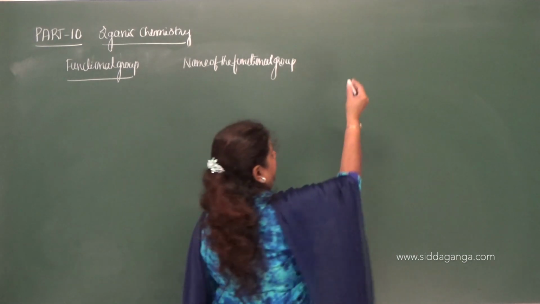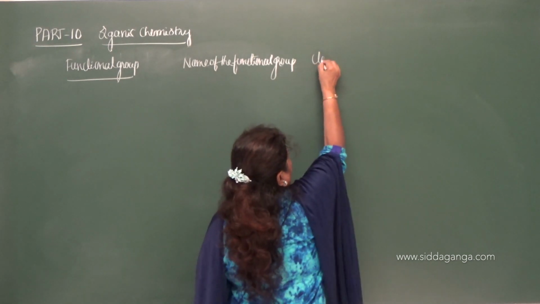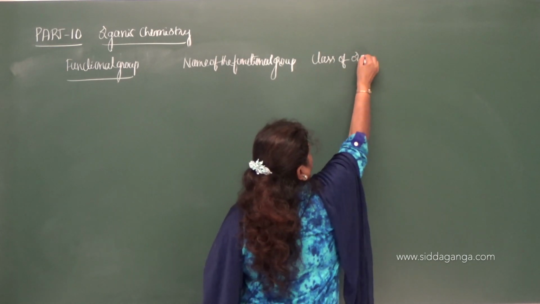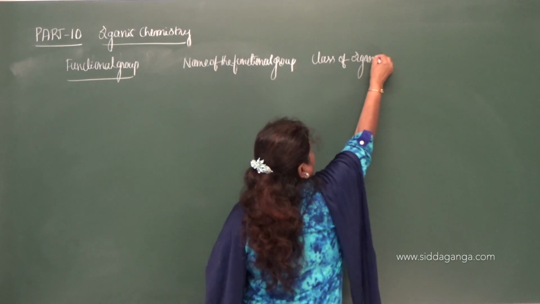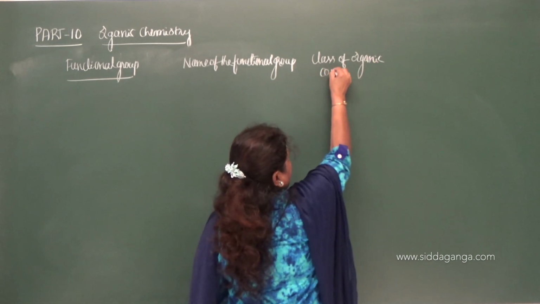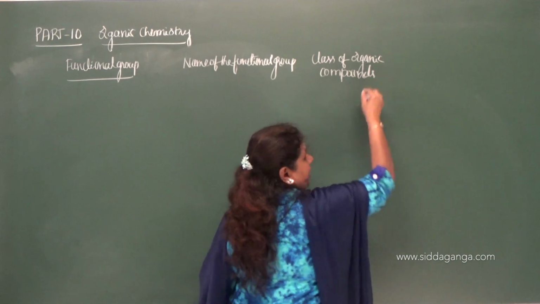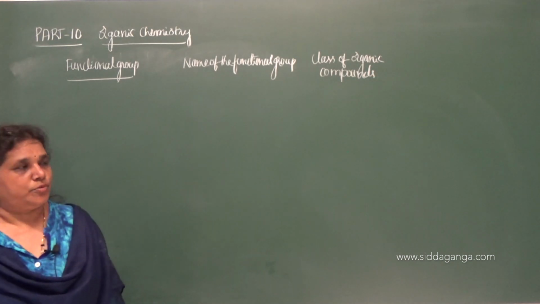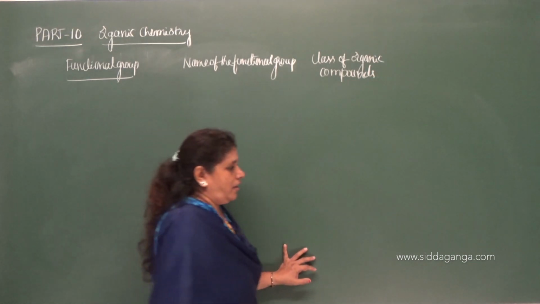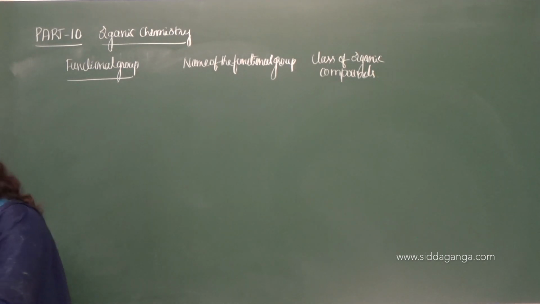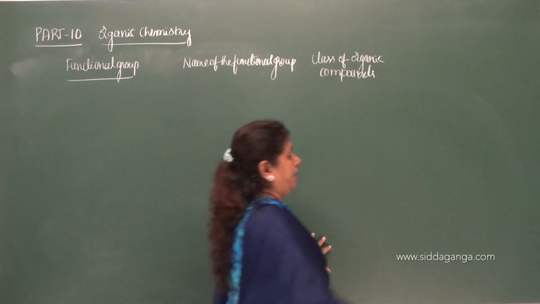And in the third column you write class of organic compounds. And in the last column you have to take the general representation of organic compounds.